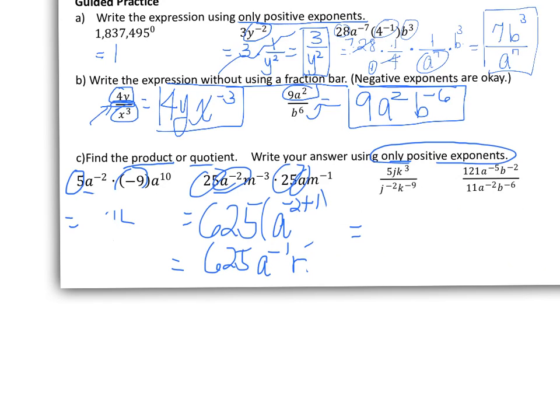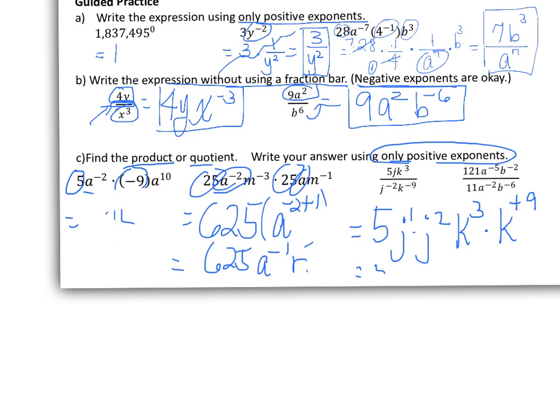Now we have 5. Alright. And we've got j and k. So I'm going to move the -2 to the top, so I can get a positive power of 2. And k to the 3rd power, let's leave that in the top. And let's move the -9 up. Oh, I'm sorry, so it becomes a positive 9.